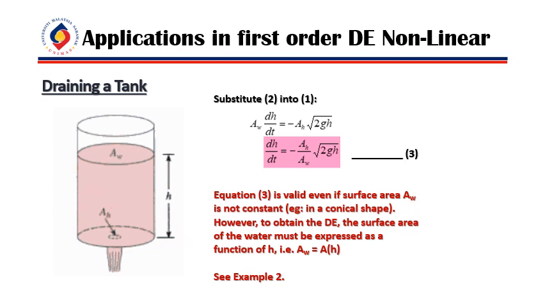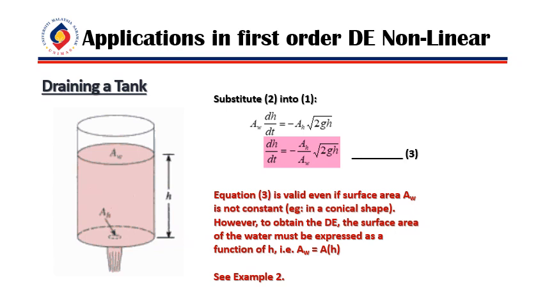We have to consider both of these equivalent to each other, and don't forget the sign. We want dh dt, so we arrange it: dh dt equals negative A sub h square root of 2gh over A sub w.